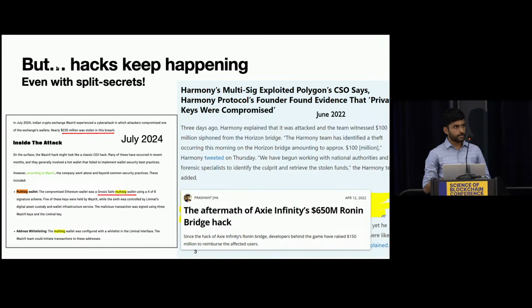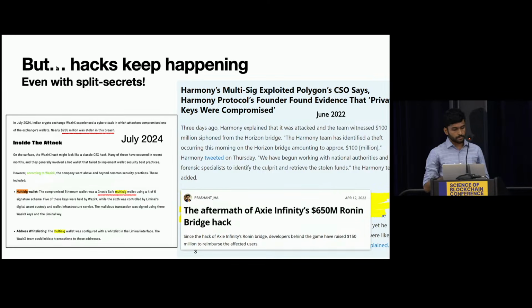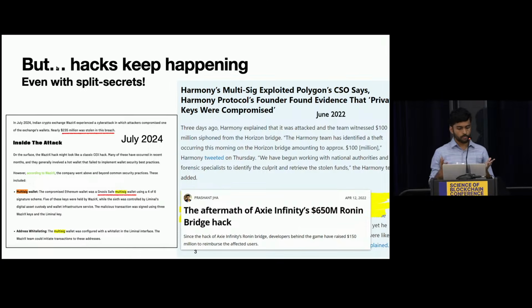And in fact, in several of these hacks, they explicitly use exactly the same techniques that we recommend, namely multi-sig schemes or threshold signatures. The July 2024 hack on the slide here, where about $200 million were hacked, was from a Gnosis Safe multi-sig wallet, which was a 4 of 6.